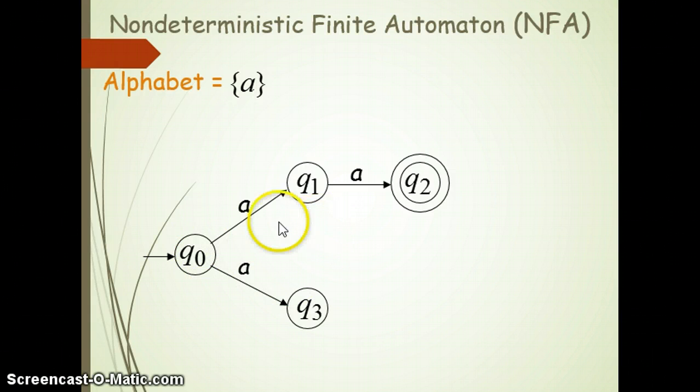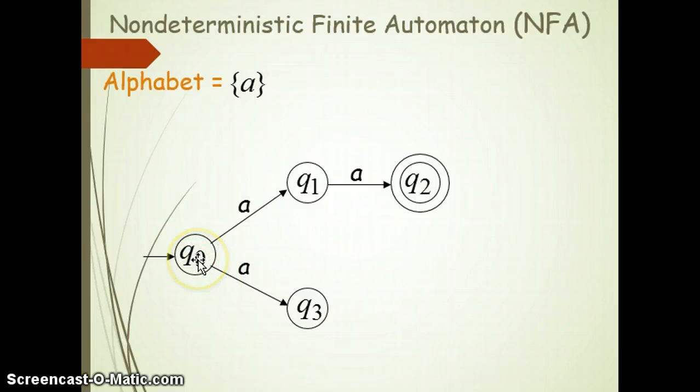On the other hand, from a state for an input symbol, if there is only one transition, that is deterministic finite automata. That is the difference between NFA and DFA. For DFA there is only one move for an input symbol, but for NFA from a state, more than one move is possible.